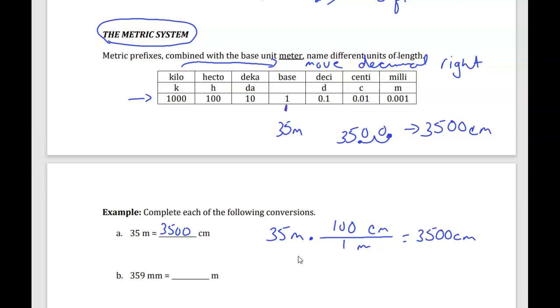because yes, your base is always 1, but if we consider our base, this is actually going to be our 1 meter is equal to 10 decimeters. It's equal to 100 centimeters, 1,000 millimeters.